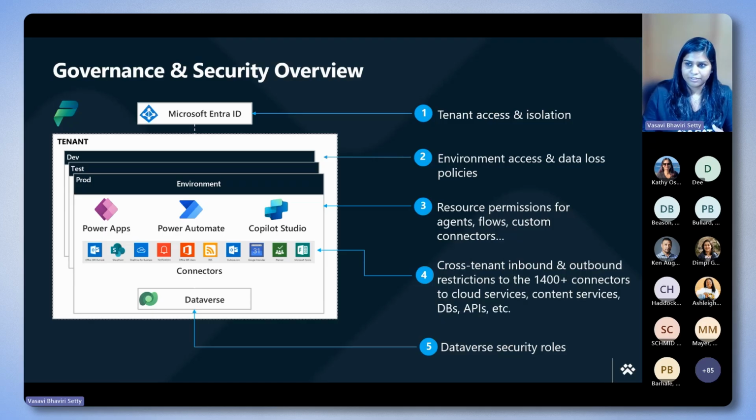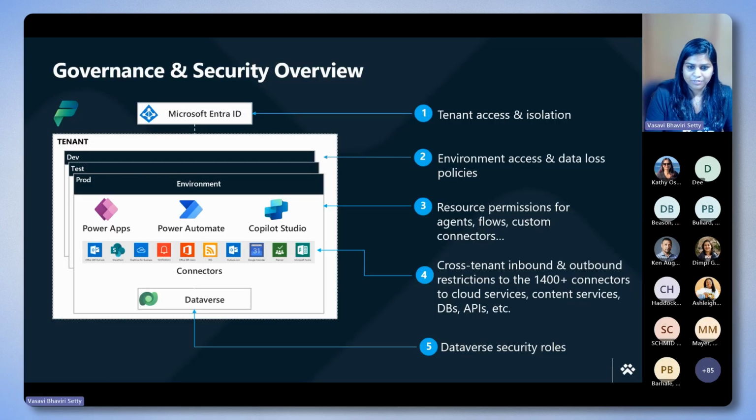We do have native integration with Microsoft Entra ID that gives you conditional access, and you can enable tenant isolation. And you have environments that are your management containers. So think about your environments for managing policies, managing settings, how you can control permissions for agents, cloud flows, pages or connectors. And you can also enable cross-tenant inbound and outbound restrictions for your connectors.